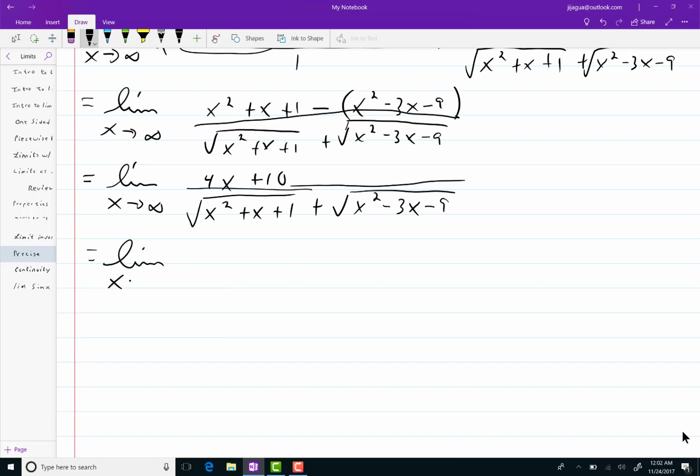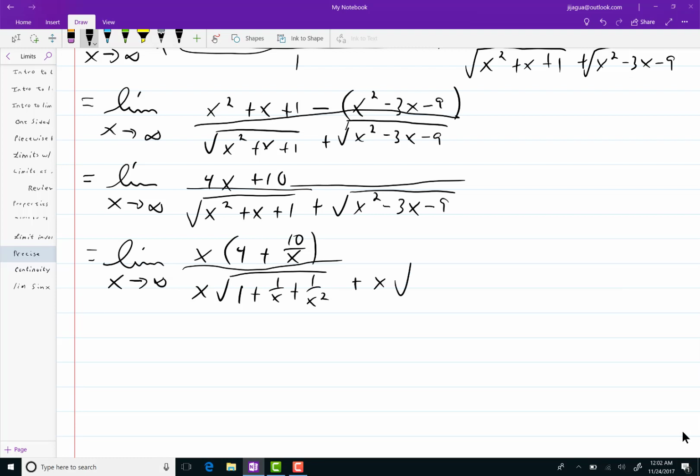Now once again, as before, I'm going to factor out the largest power of x from the numerator that I can. In this case, it's just x to the 1. That'll leave me with 4 plus 10 over x. And in the denominator, I'll do the same thing as I did before. I'll pull an x out of each of these. Remember, that's because it becomes x squared once it's inside the square root.